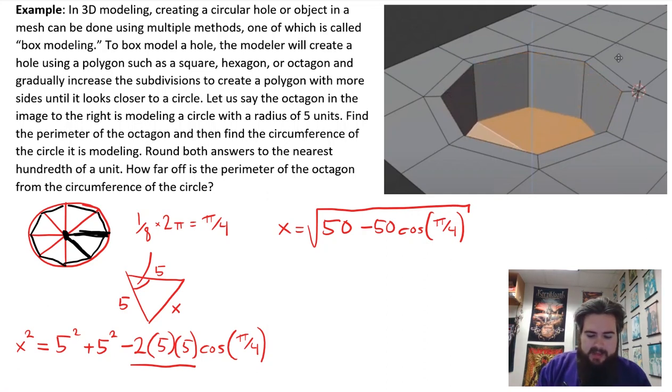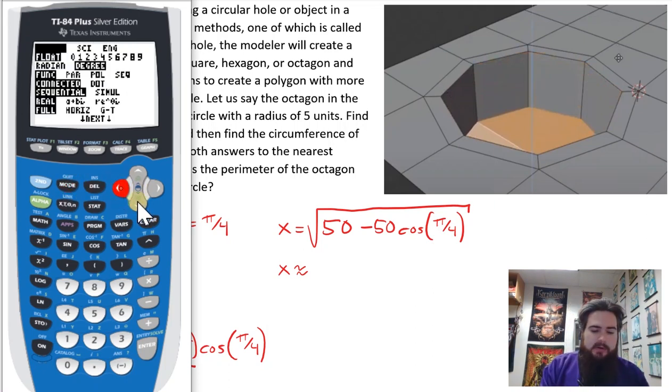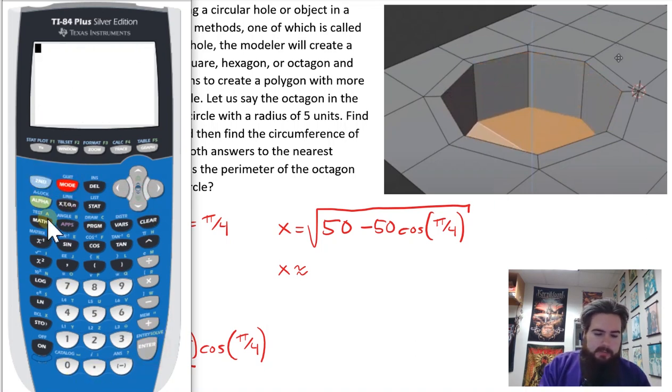Let's approximate that. We'll find the outside edge of one of these triangles. We'll use a calculator for that purpose. Note that if I keep this as cosine of pi over 4, I do need to make sure I am in radian mode for that. So I do square root of 50 minus 50 cosine of pi over 4.